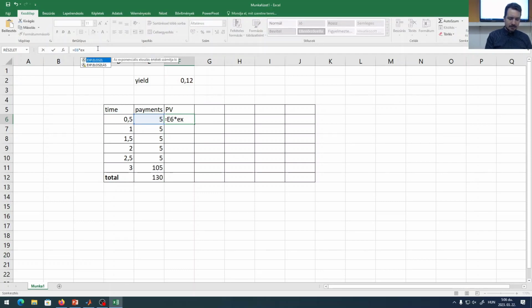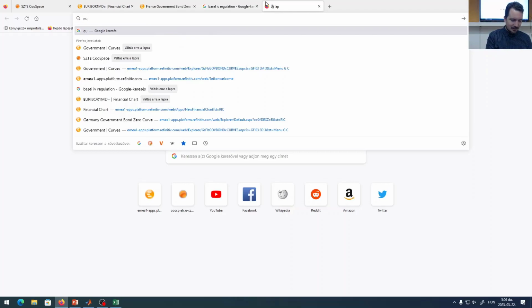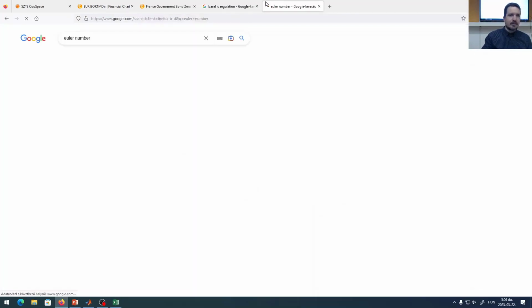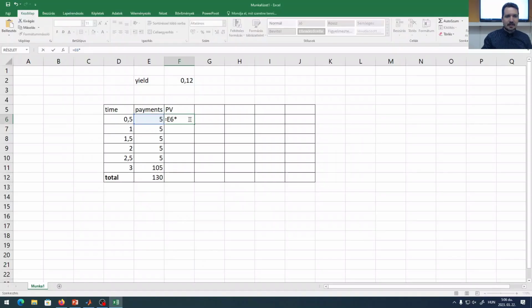What is the name in this case? It's supposed to be exp. Oh, they have this stupid name on everything, so that's why I hate Excel. What is the Euler number? Yeah, this number. Then I will make my own exp.